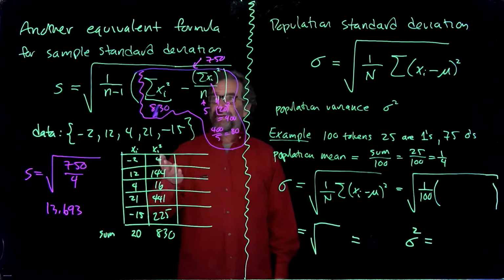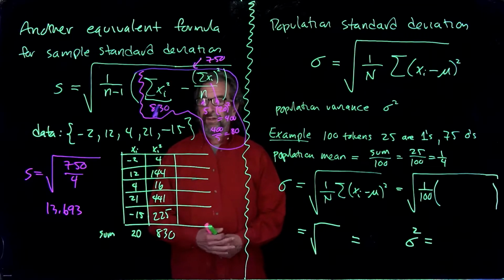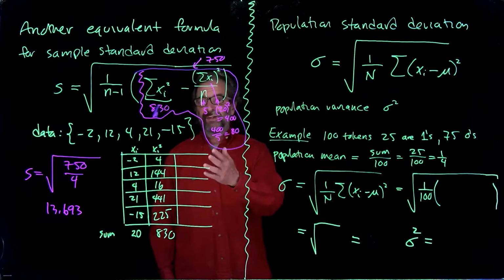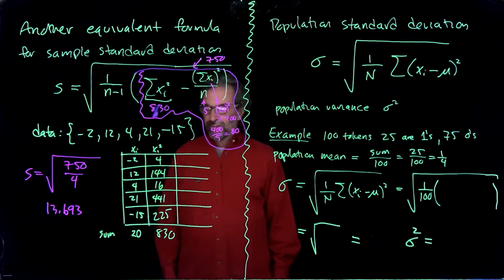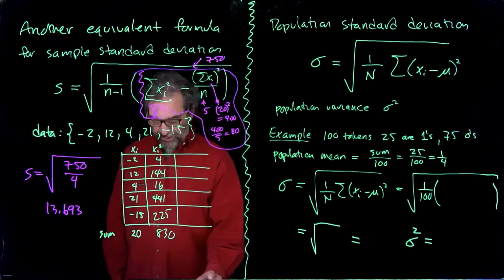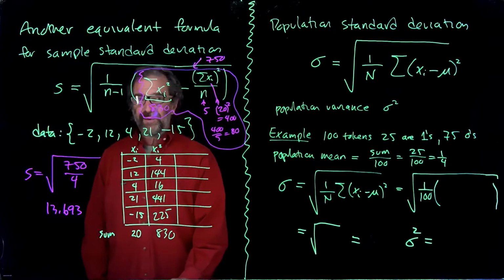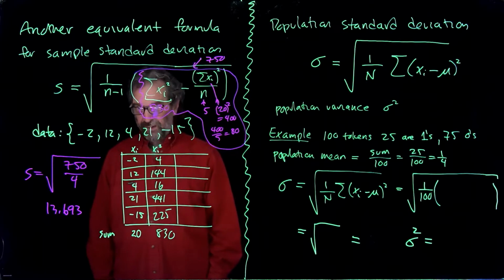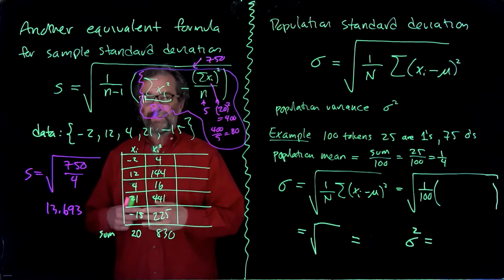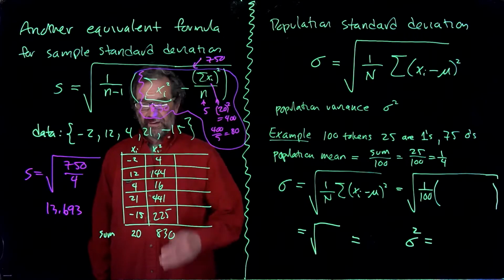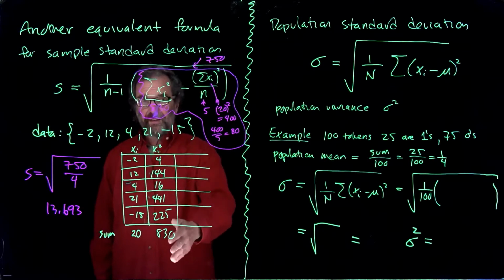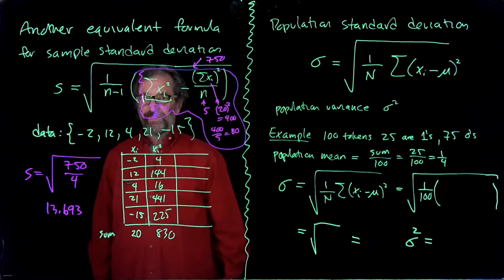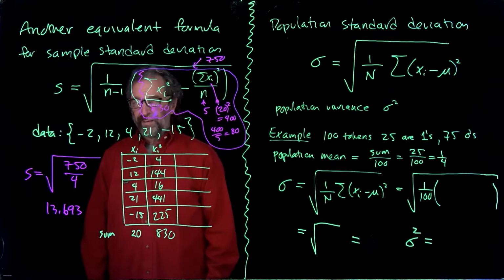So there's another method of computing the standard deviation using the sum of the x's and the sum of the x squareds. One of the reasons for looking at these different kinds of formulas is so we get some familiarity with the order of operations and what those things stand for. So it's not just a mystery sea of symbols. If we start messing around with them and you base them on sums of columns, you understand what these sums stand for, and it starts to make more sense to your brain.